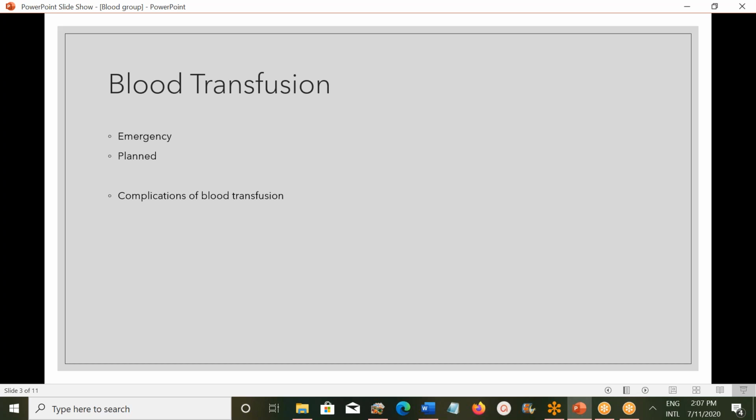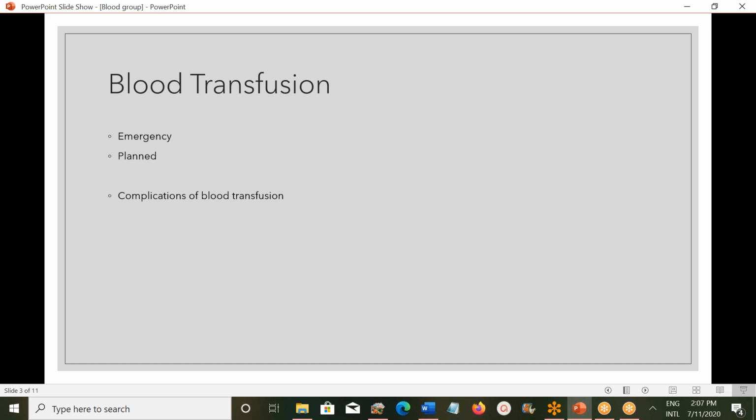Then when we are giving blood and it is incompatible, a hemolytic transfusion reaction will take place, and it is associated with rigors. The patient can have loin pain in the renal angle, shortness of breath, hypotension, hemoglobinuria, renal failure and disseminated intravascular coagulation.